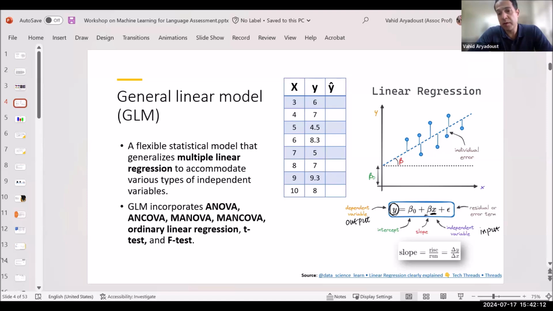It's a slope. If you remember your high school or secondary school math, for example, algebra, calculus, if we have a straight line, we can calculate the amount of slope by dividing rise over run.